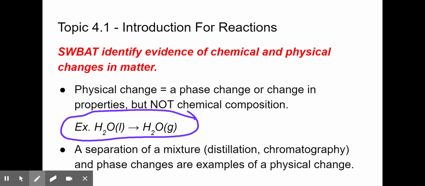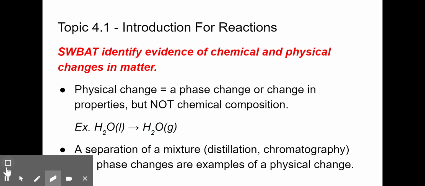Okay, so distillation, chromatography, that's separating a mixture. That's due to physical differences like boiling point or polarity with chromatography. If it's more polar, it goes with the water. If it's not, it doesn't. Distillation is using a difference in boiling points to get things to separate. So those are all examples of physical changes that we have.